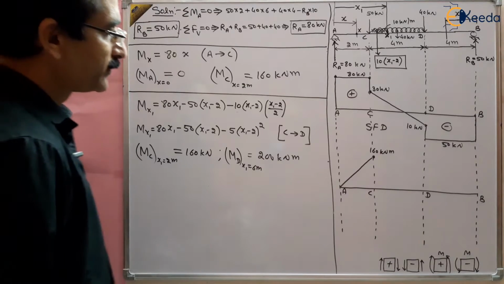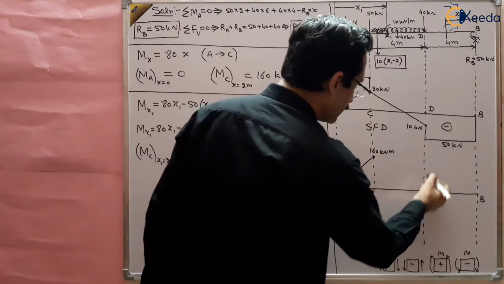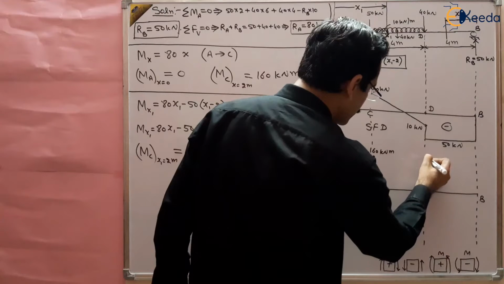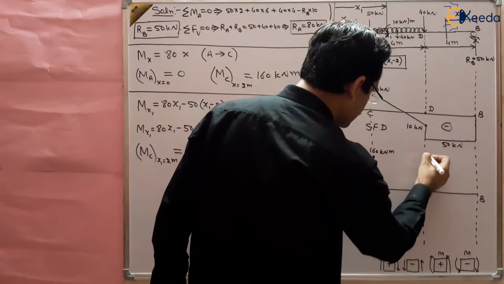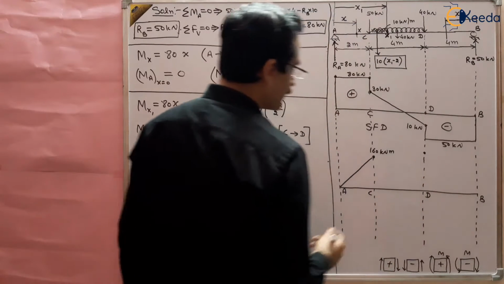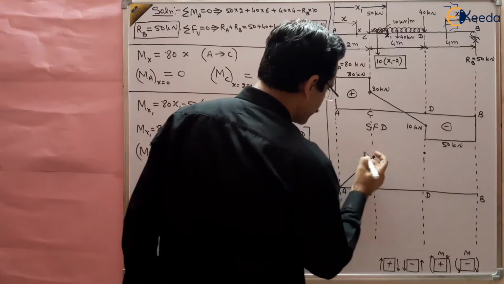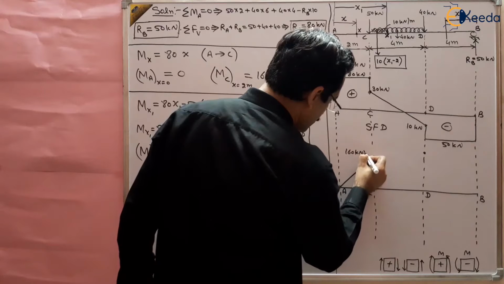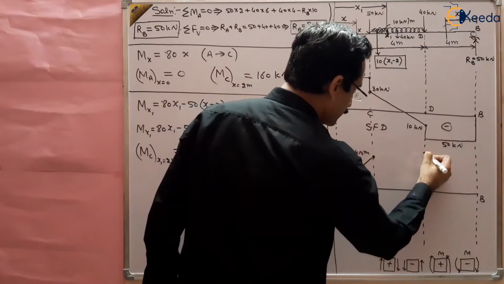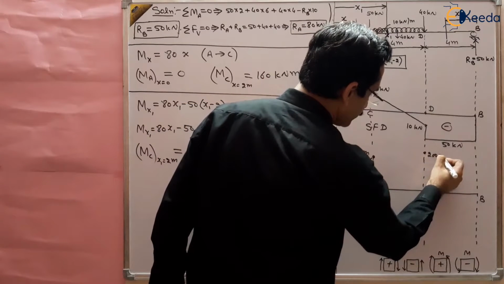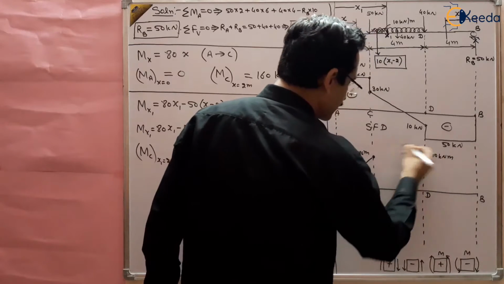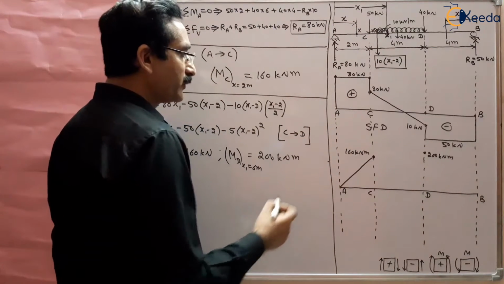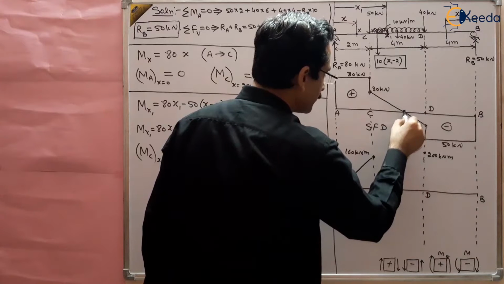So it means that at point D the value is 200, greater than this. So from 160 to 200 kilonewton meter, it is increasing. But you will get the maxima somewhere here.